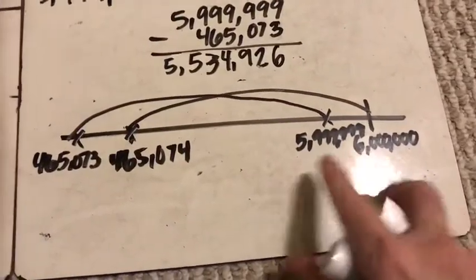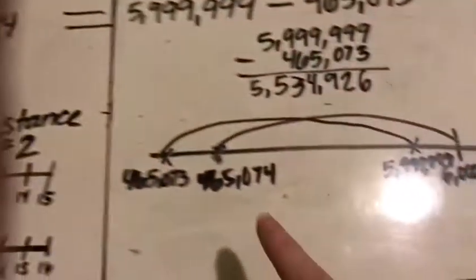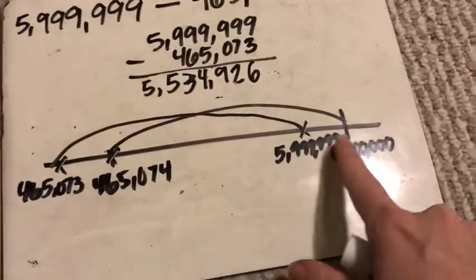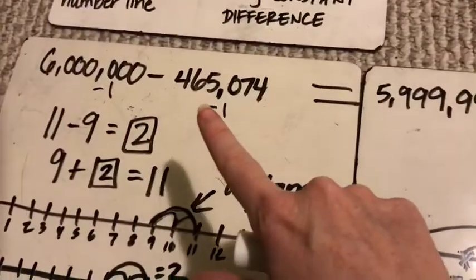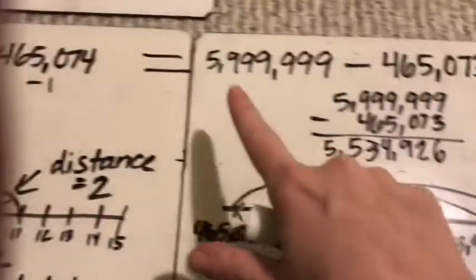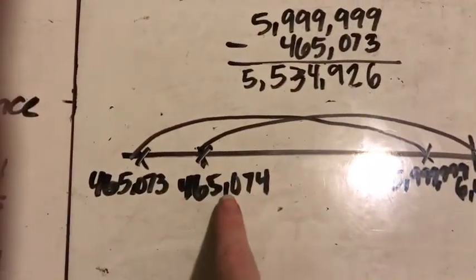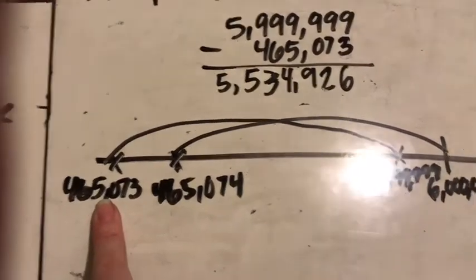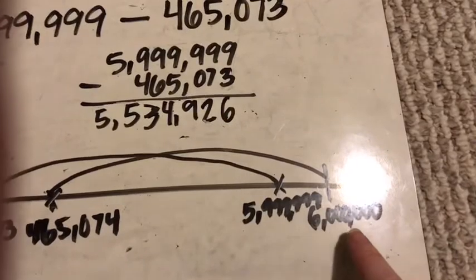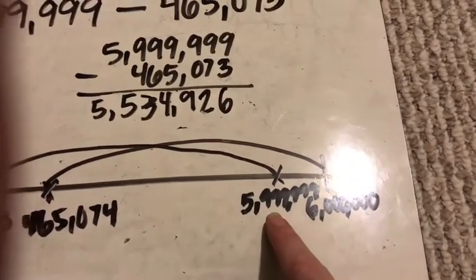And just to show how that would look on the open number line, my original problem was the 6 million, and I wanted to know the difference between 465,074 and 6 million. But when I created that equivalent problem by taking 1 away from each of those numbers, I really took 1 away from 465,074 to get 465,073, and 1 away from 6 million to get 5,999,999.